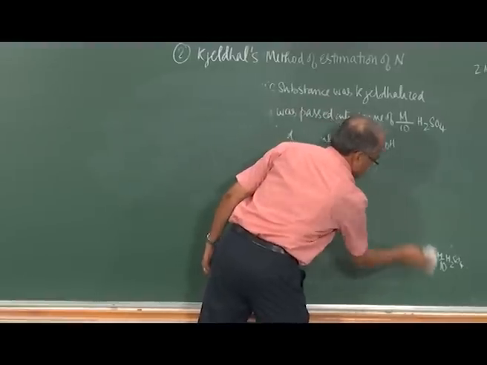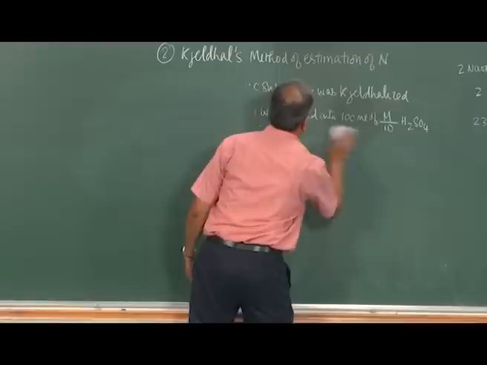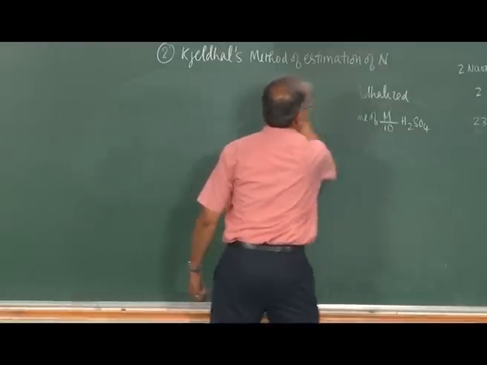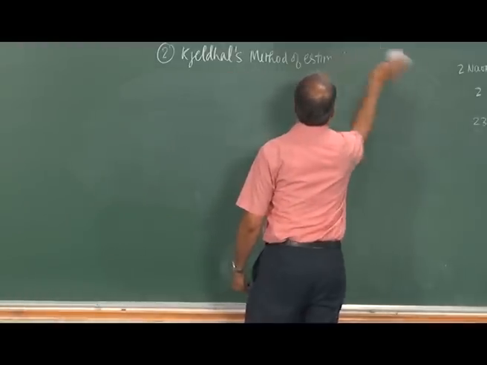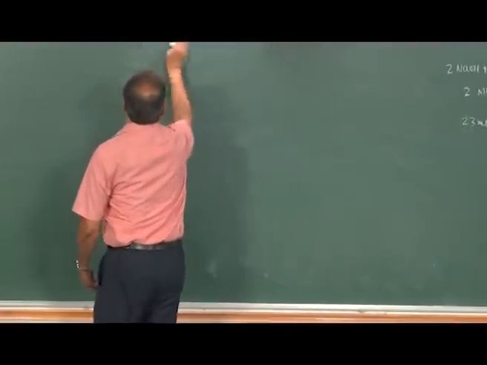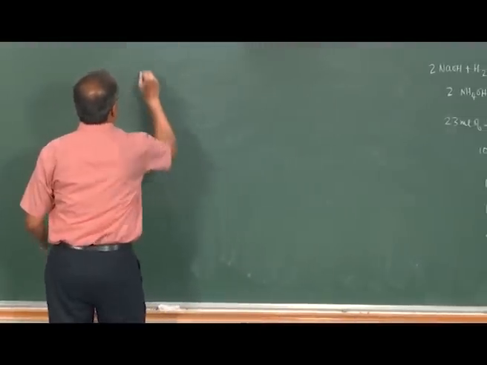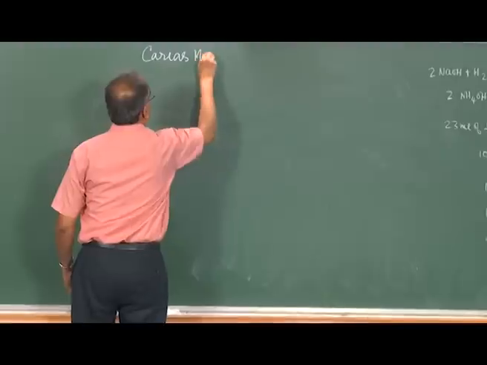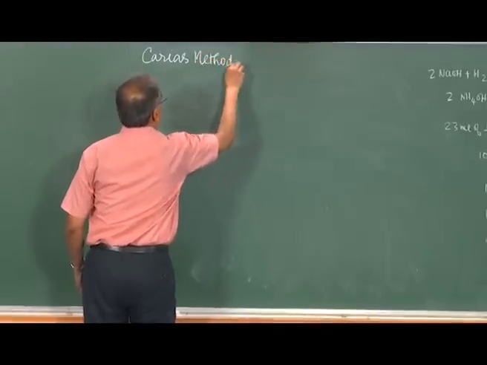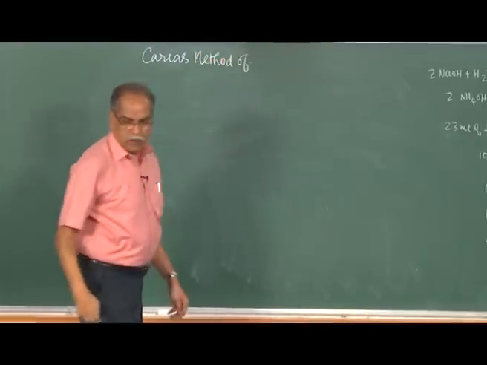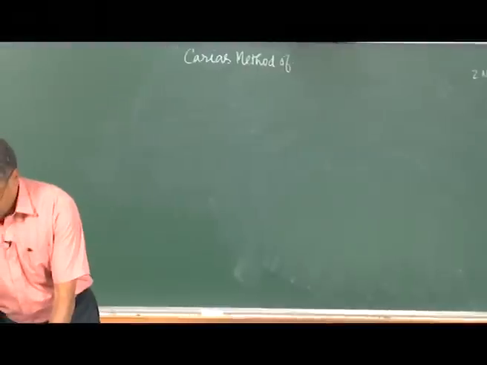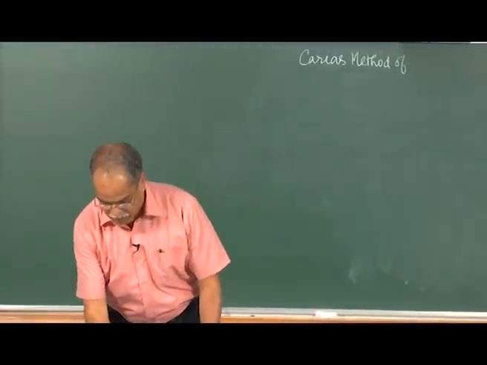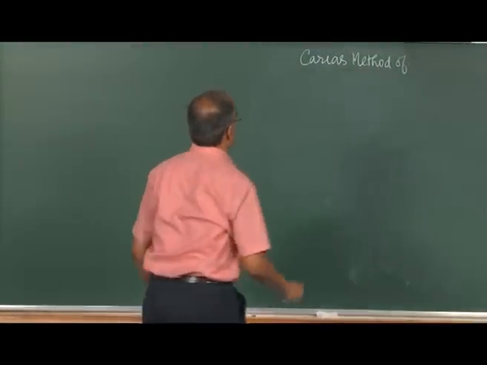The next estimation is halide estimation. Estimation of halogen is done by the Carius method. Carius spelling is C-A-R-I-U-S.